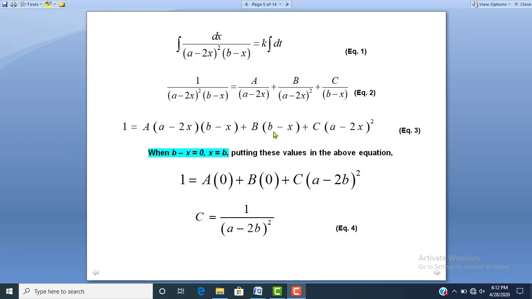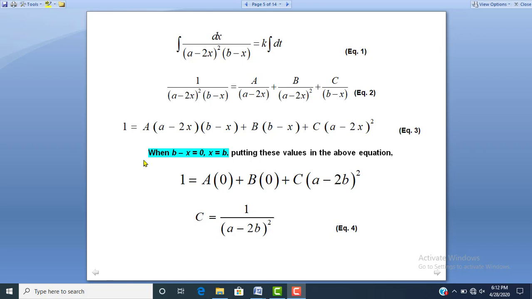So the remaining amount here is (b minus x). Similarly, this (b minus x) will be cancelled out with this (b minus x). So this C will be multiplied with (a minus 2x) square. So according to equation number 3, we got the value 1 is equal to A into (a minus 2x) into (b minus x) plus B into (b minus x) plus C into (a minus 2x) square.